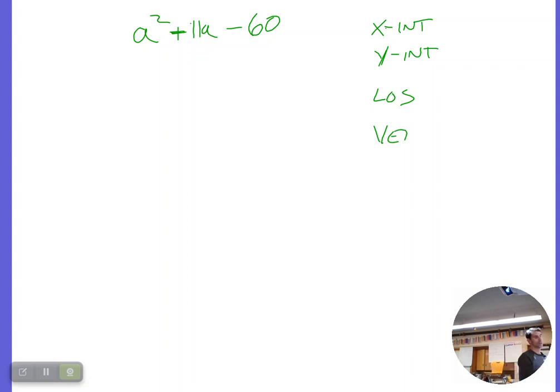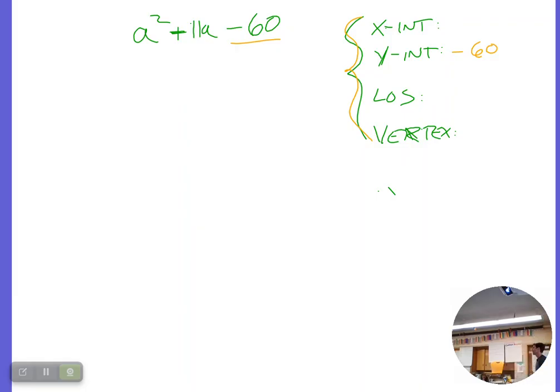One of these important points we can find right now because it's in the expanded form equation. Which of these four important points is it? Yes, Allie? The y-intercept is negative 60.